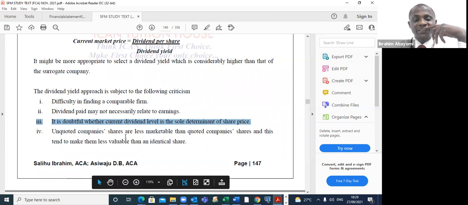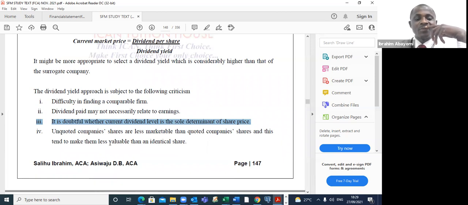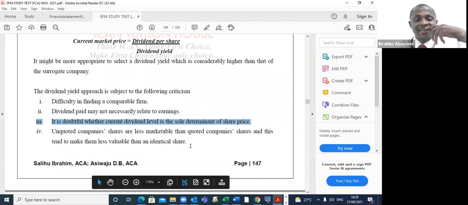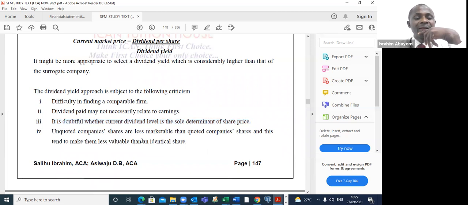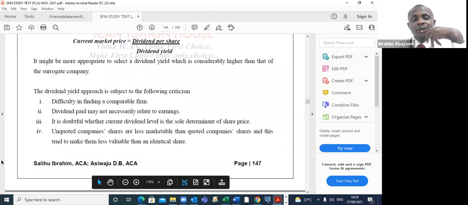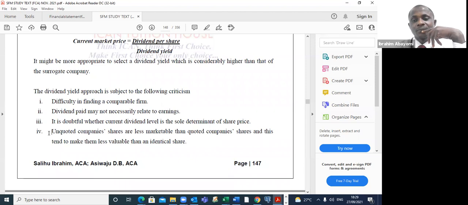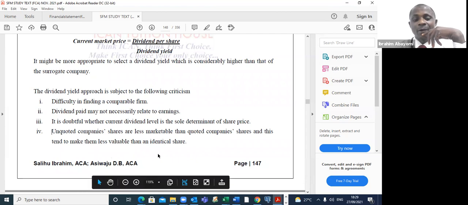Now, unquoted company shares are less marketable than quoted company shares, and this tends to make them less valuable than an identical quoted share. The way the shares of a quoted company will sell, the shares of an unquoted company will not sell at the same rate. Therefore, they cannot have identical share price.